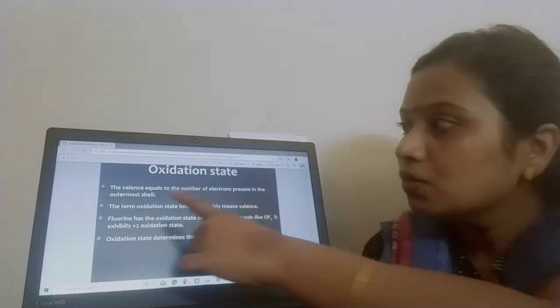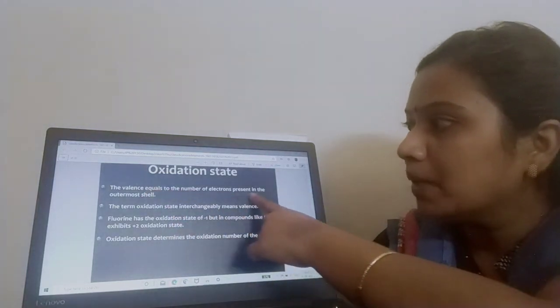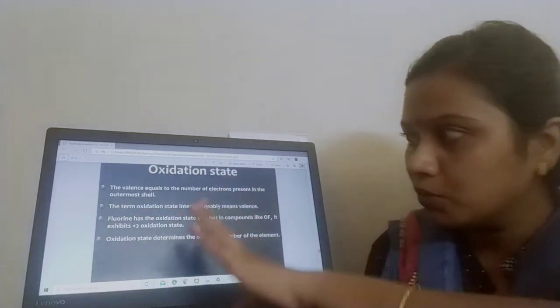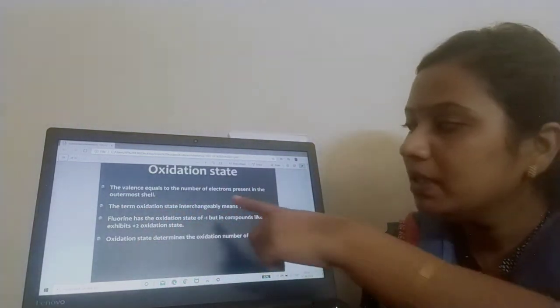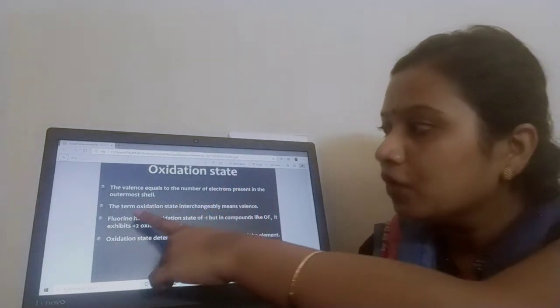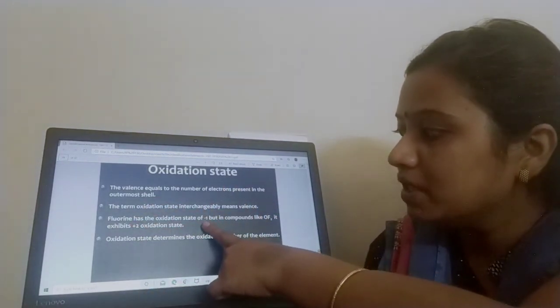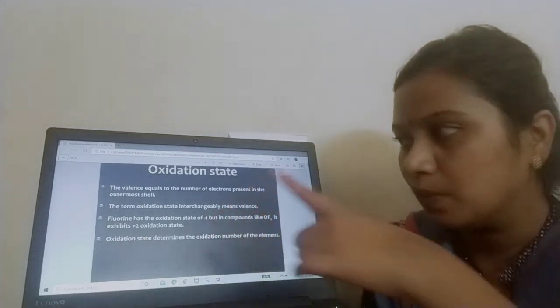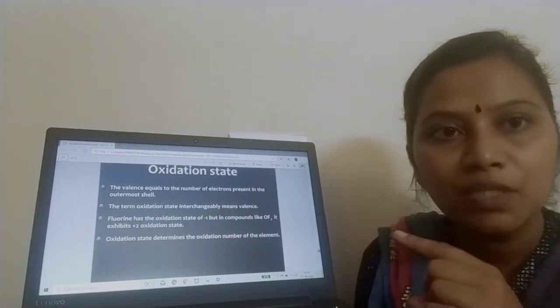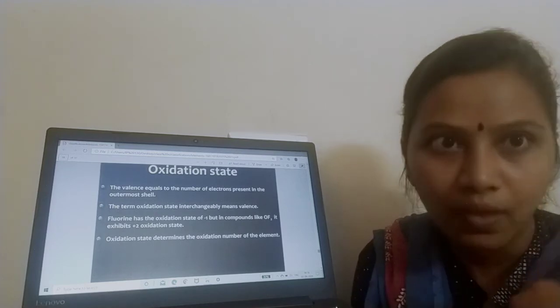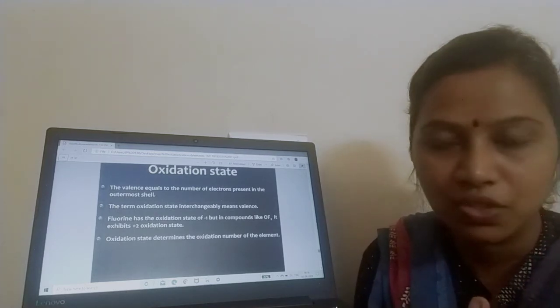Okay, so the valence is equal to the number of electrons present in the outermost shell. The term oxidation state can be interchangeably used as valency. For example, fluorine has an oxidation state of -1. So what is the oxidation state of fluorine? It is -1. Means what? It has gained one electron, so it has acquired a -1 charge.